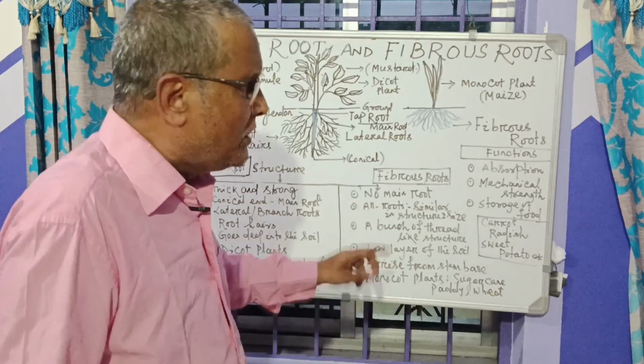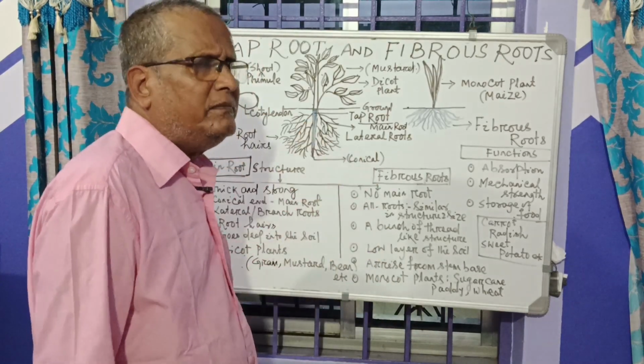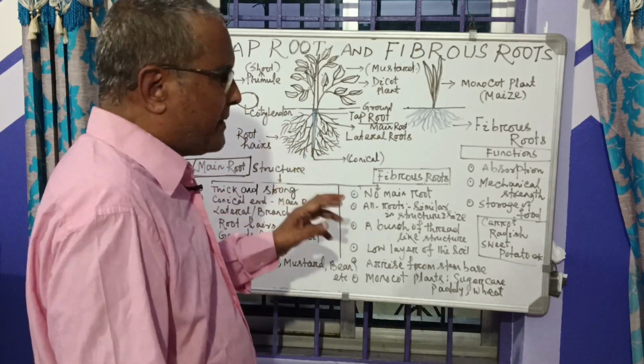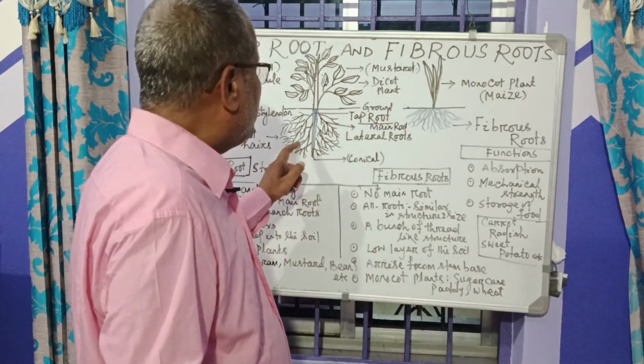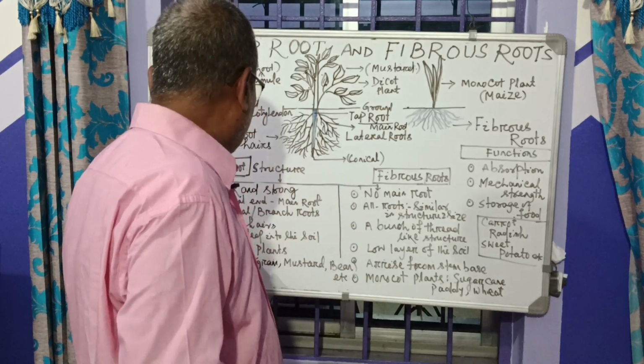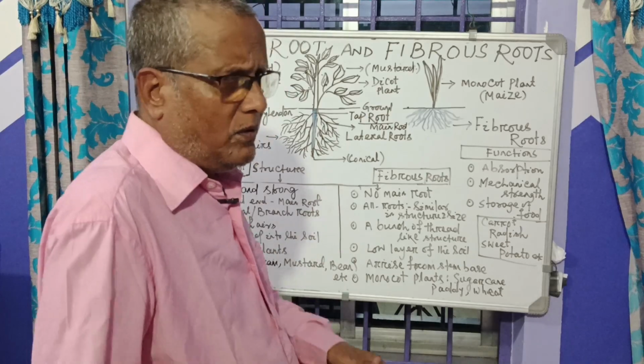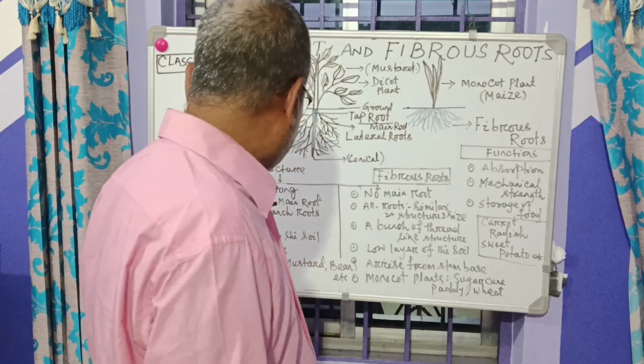Lateral or branch roots arise from the taproot or main root, and from the branch roots we find root hairs, and the main root goes deep into the soil.